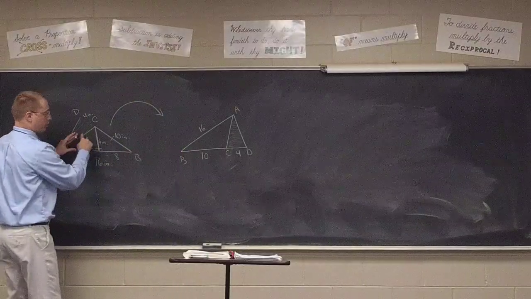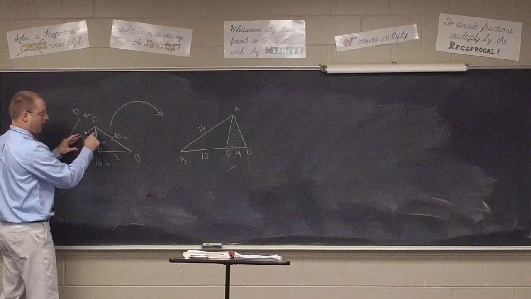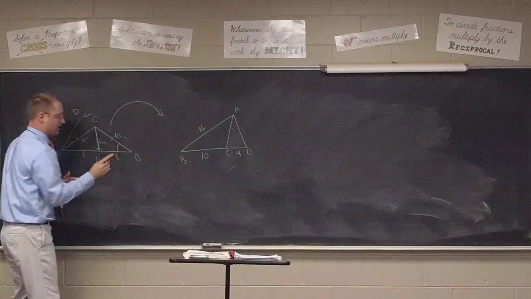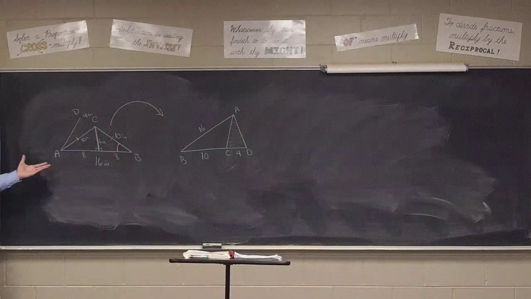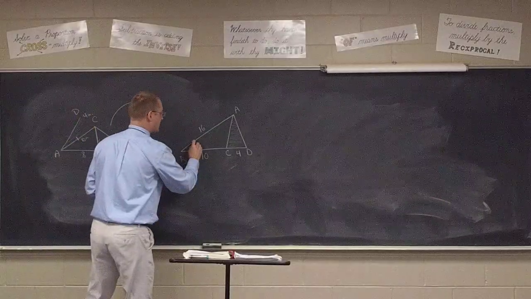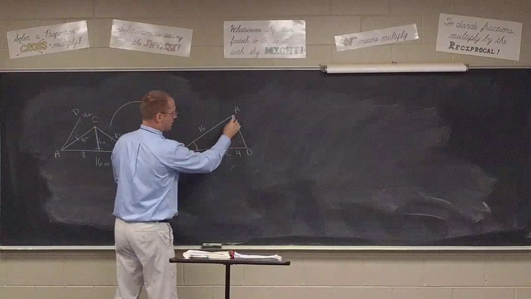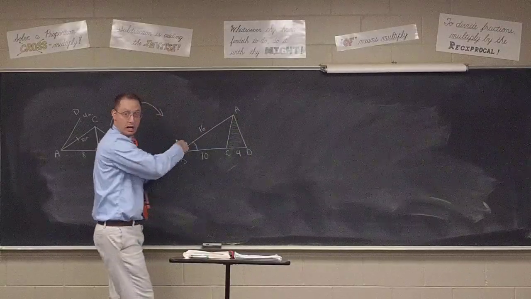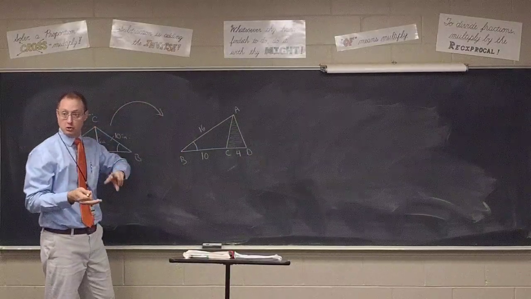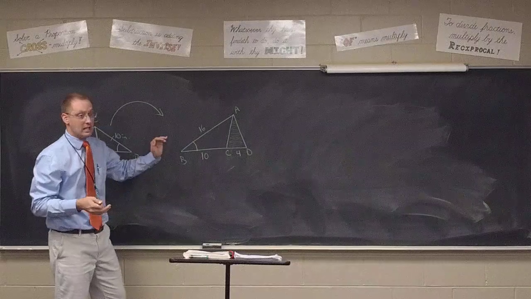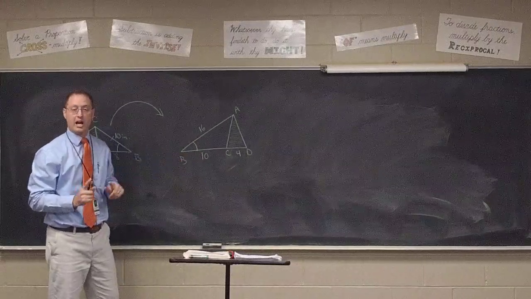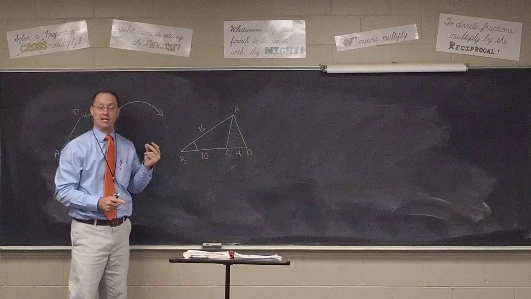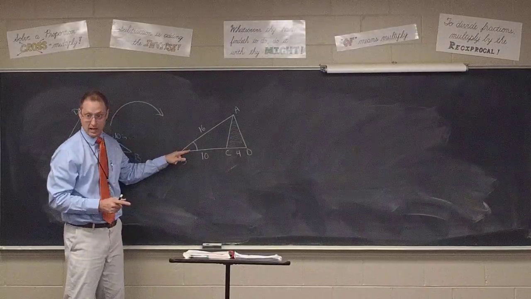This original triangle and the whole triangle obviously share this angle B, correct? Theorem 72 says that if two triangles have an angle of one equal to an angle of the other, their areas are to each other as the products of the sides forming the angle.